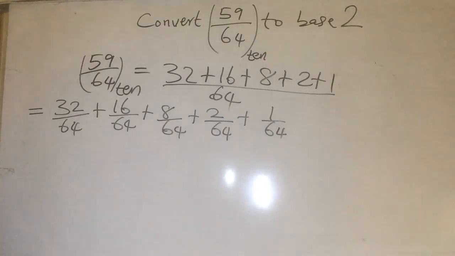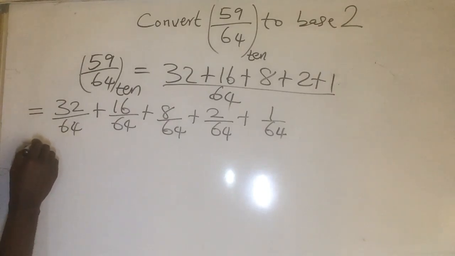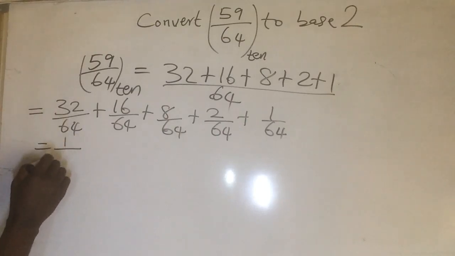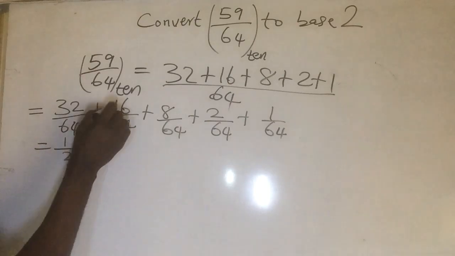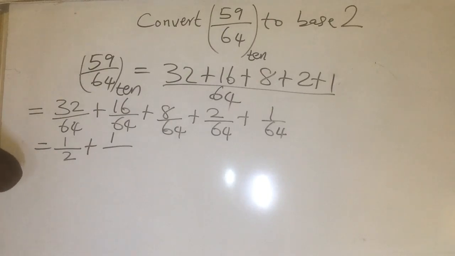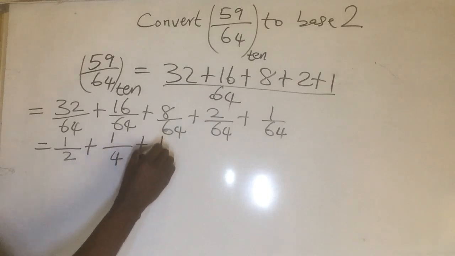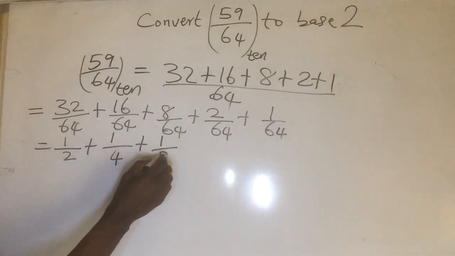Now if we continue again, we will begin to say 32 kill itself is 1, over 32 kill 64 is 2, so 1 over 2, plus 16 kill itself 1, then 16 kill 64 is 4. 8 kill itself 1, 8 kill 64 is 8.